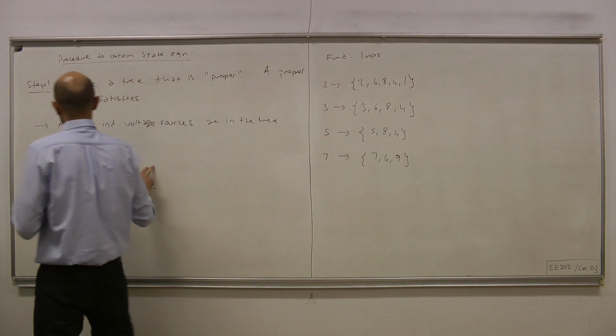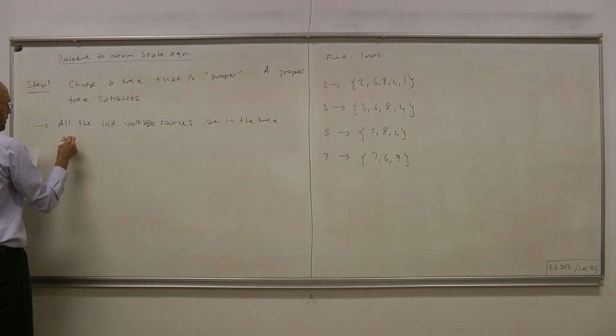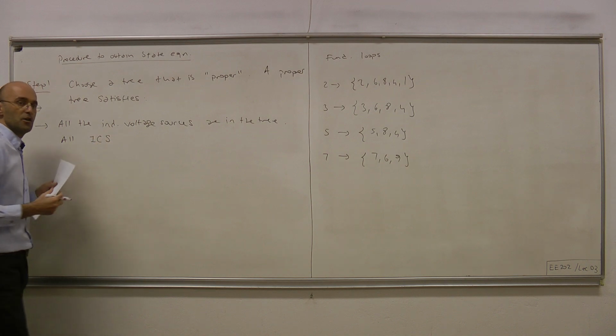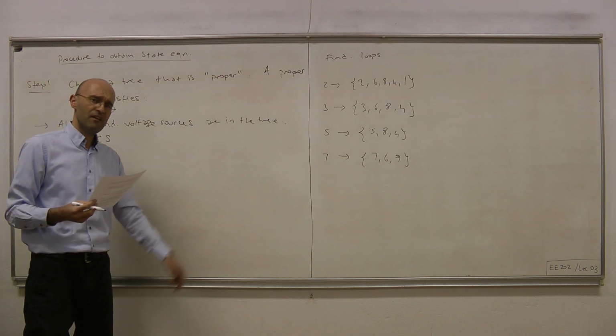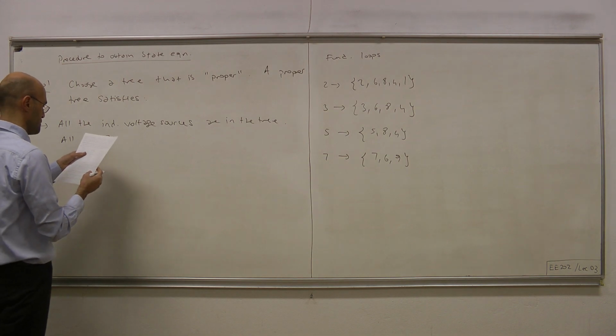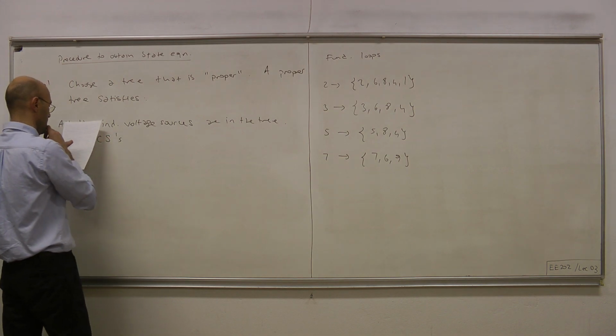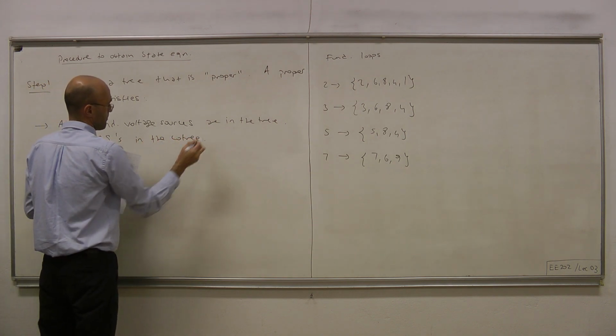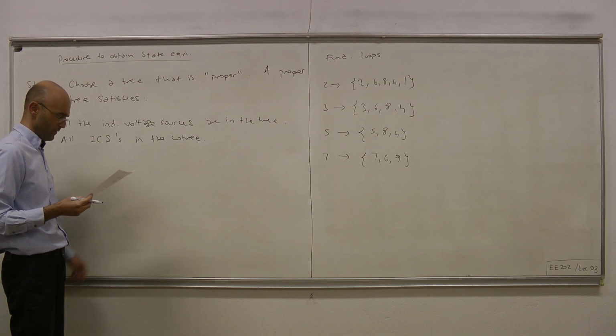And all independent current sources must be left outside. In other words, they must be in the Cotree. Okay.